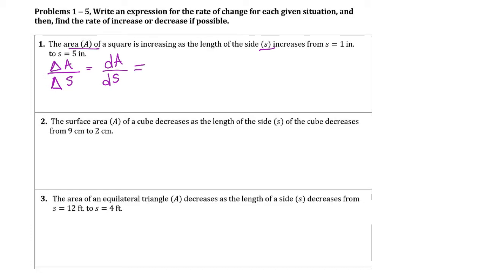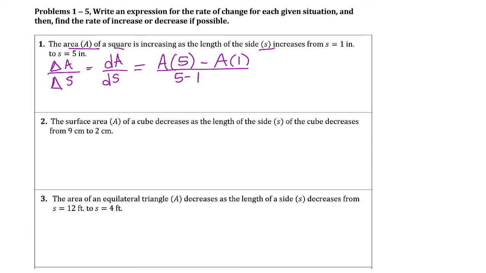And so that's going to be equal to, and keep in mind you're talking about the area of a square from 1 to 5. So we're going to talk about the area at 5 minus the area at 1 all over 5 minus 1.